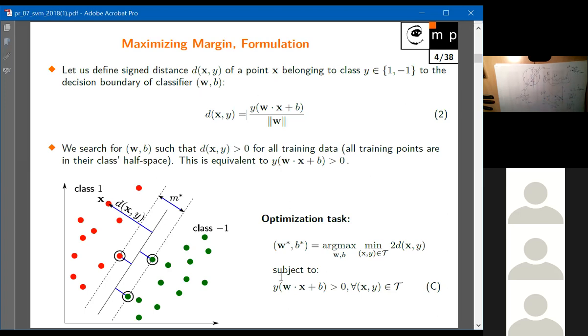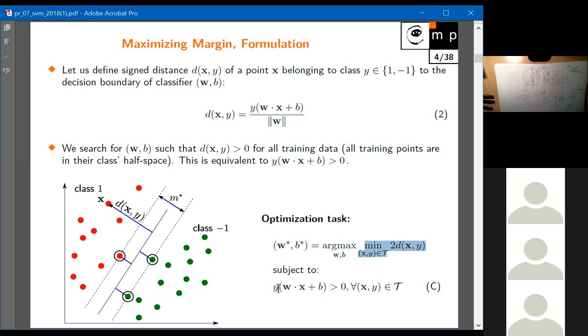So you see the formula C here, or what we want, for the optimization task we want to solve, is find the W and B, which are the parameters of the classifier, so that we maximize the margin. So this is a maximization over W and B, which are the parameters we control. What do we maximize? The distance of the nearest point from the training set, subject to all points being classified correctly.